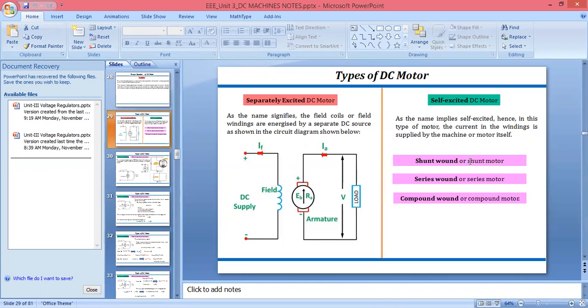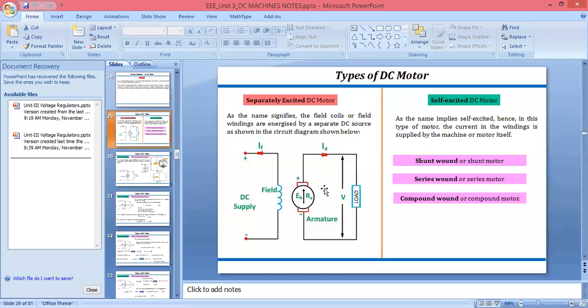Okay, you can see here. As the name signifies, DC supply is given individually to the field winding. We are not giving supply directly to the field winding and the DC motor.